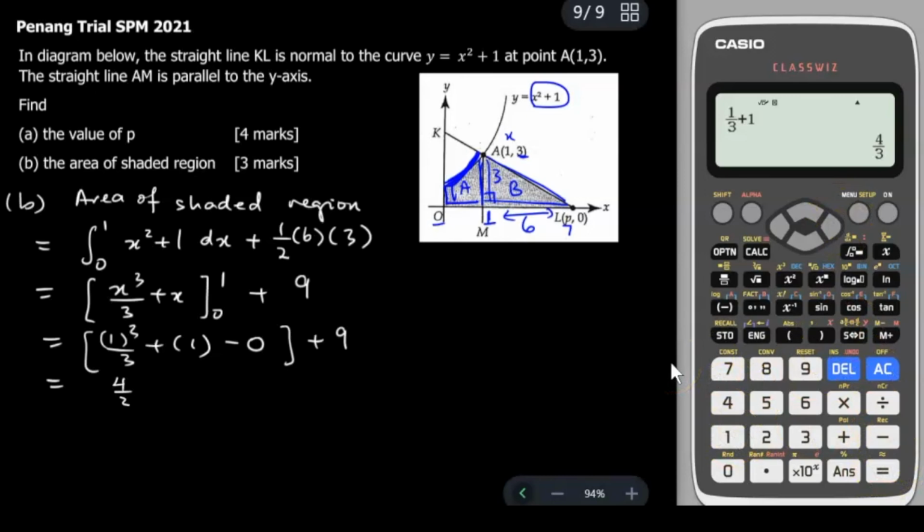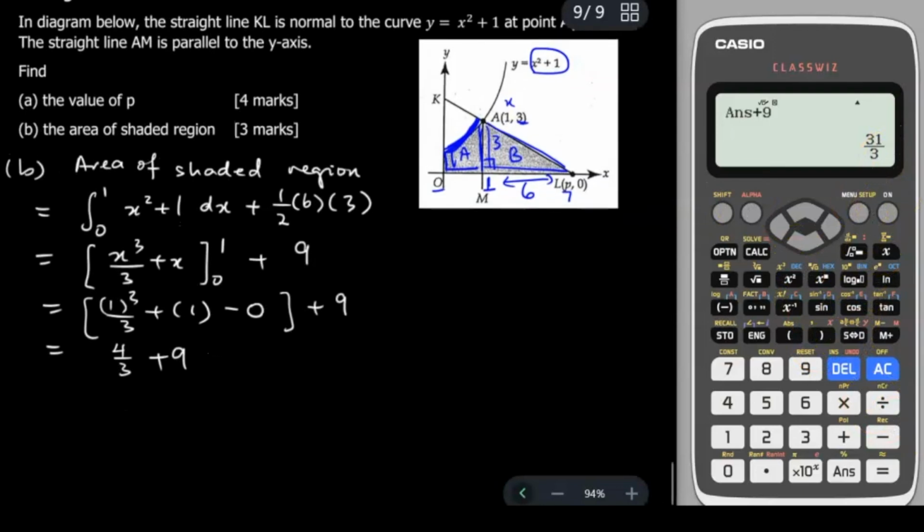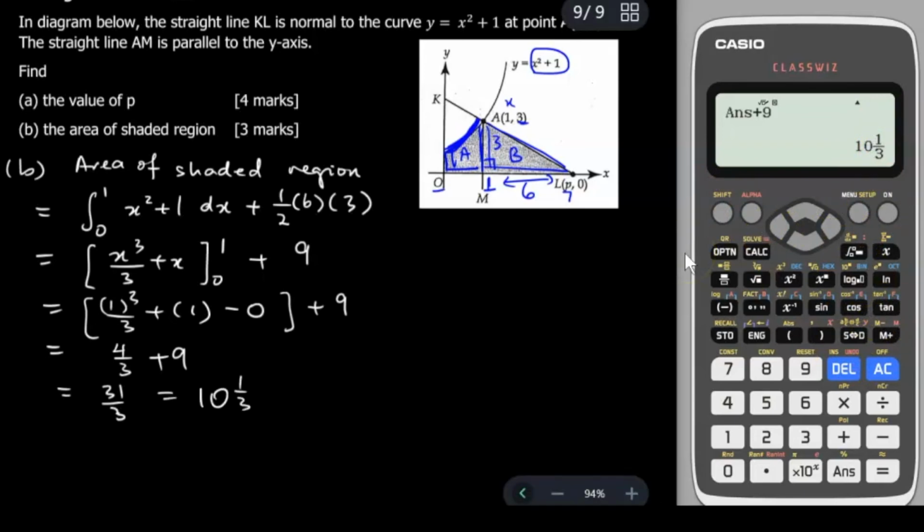Then 4 over 3 plus 9, so we will get 31 over 3. We want to change to a mixed number, so we press shift and then SD, so it's 10 1 over 3 unit squared.